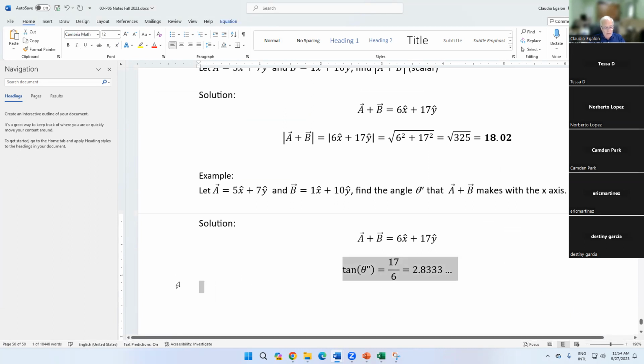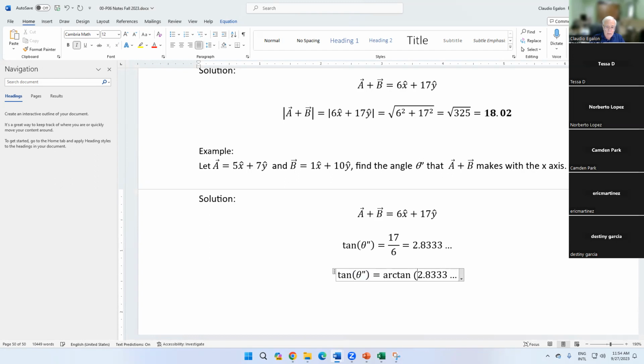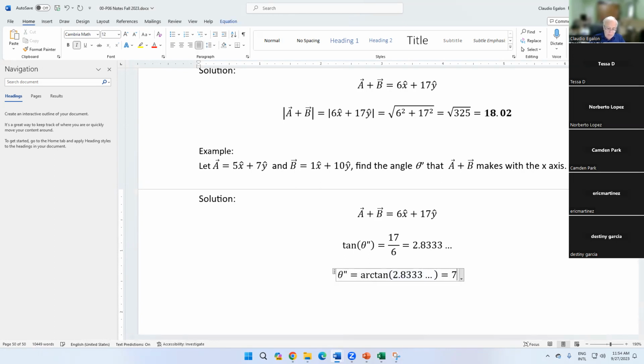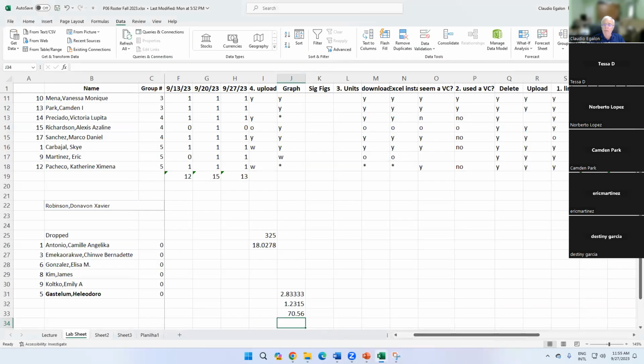And now in order to find theta prime, we have to take the inverse of this function, the arctangent. And this angle ends up being 70.56.